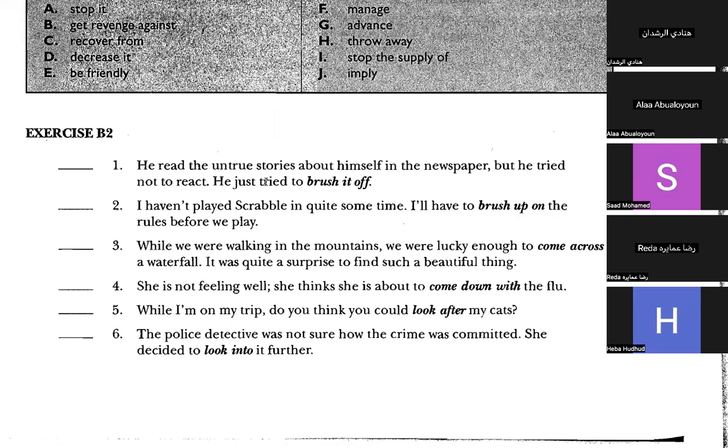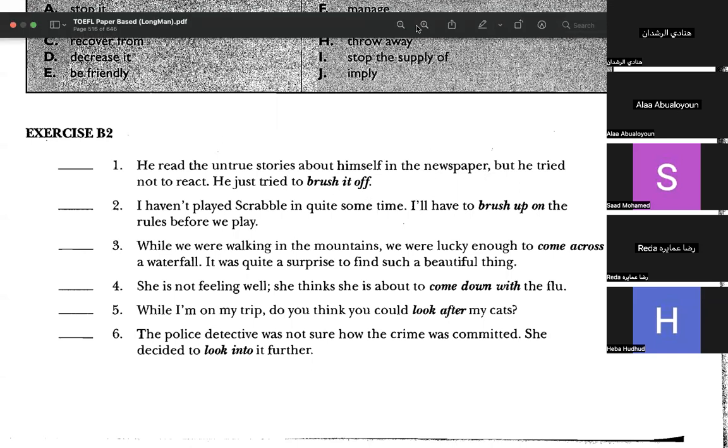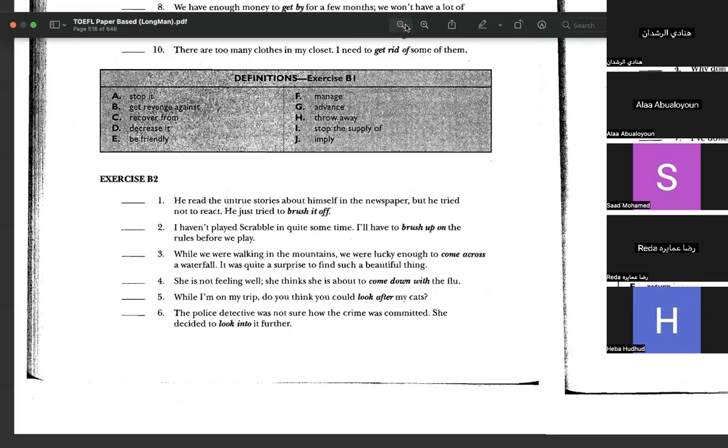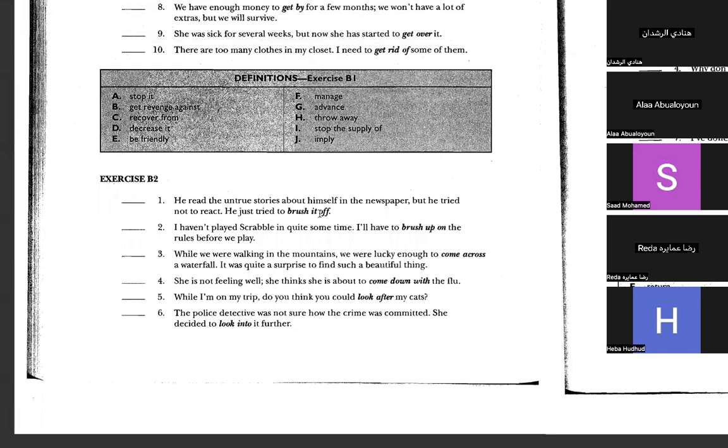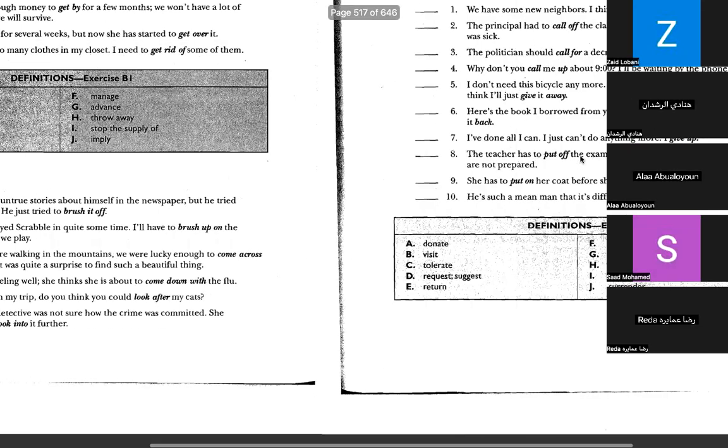He read the untrue stories about himself in the newspaper, meaning stories that don't reflect reality. Maybe this is someone important, a famous person, and people are talking about him behind his back. So he just tried to brush it off. What does it mean when you say that this person tried to brush it off?